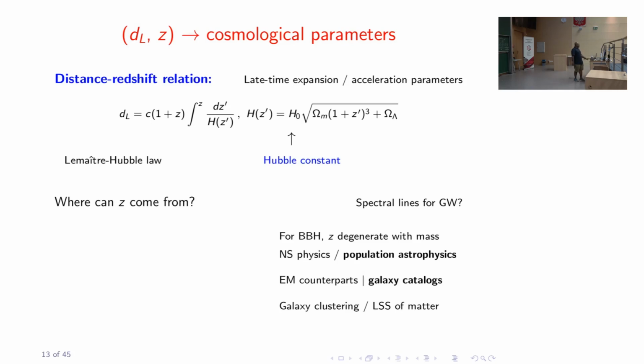There is another effect that is very interesting. Although we do not know what kind of masses the black holes have, we know that neutron stars more or less have a certain mass.